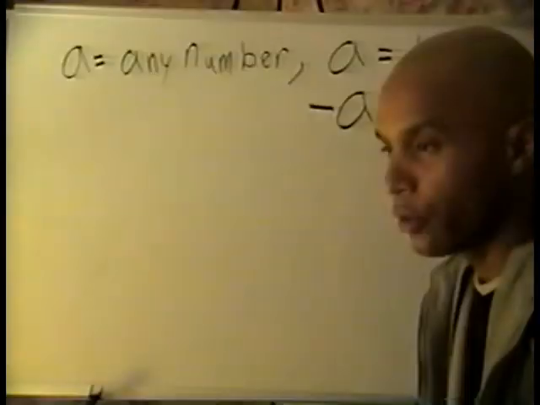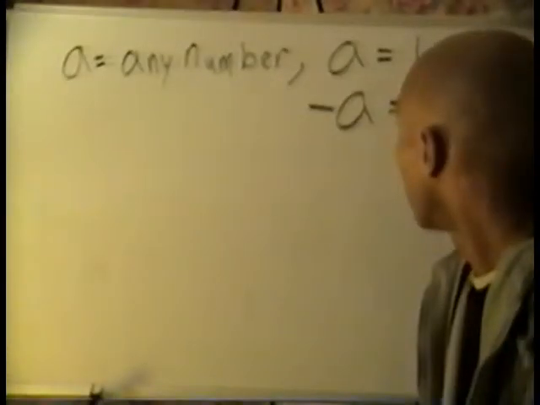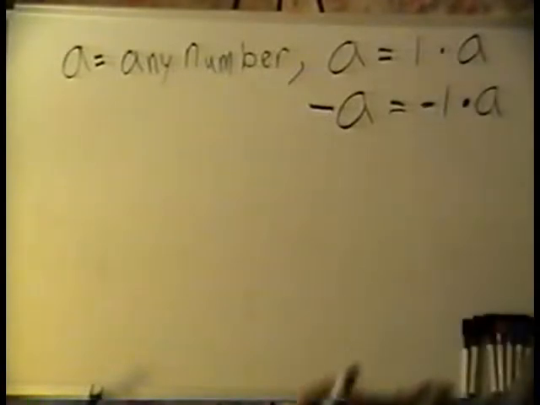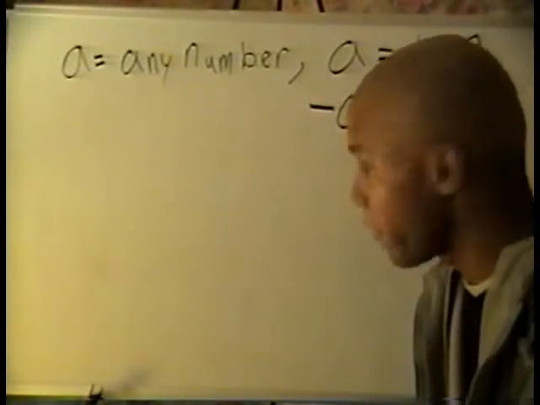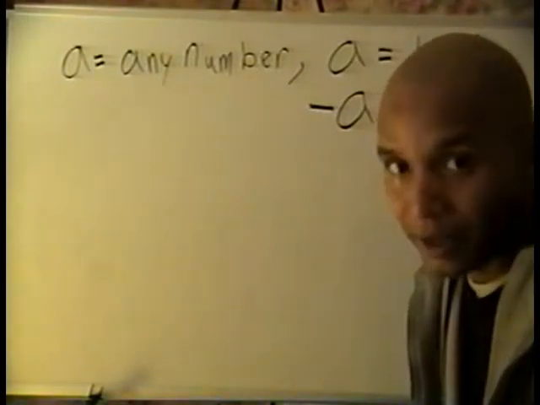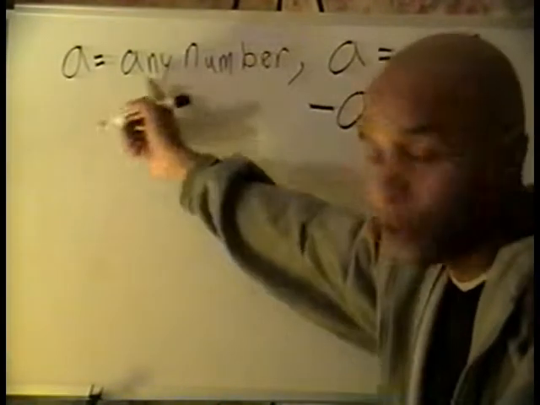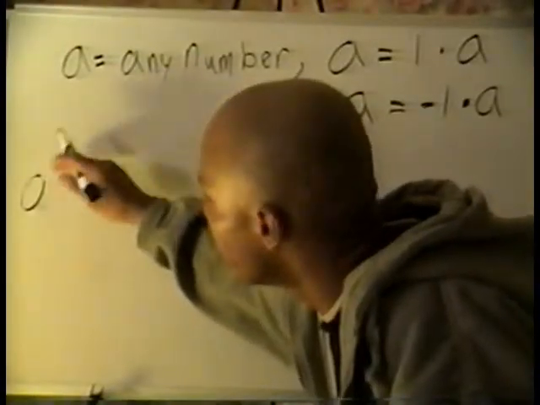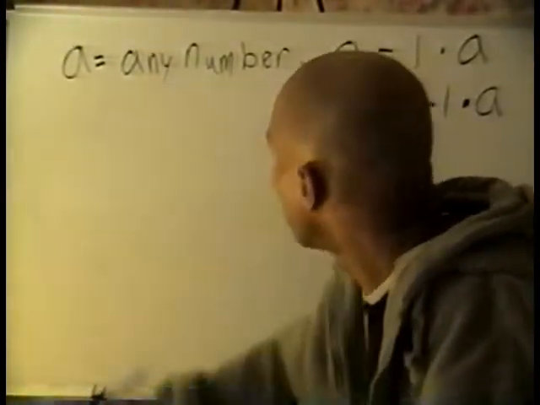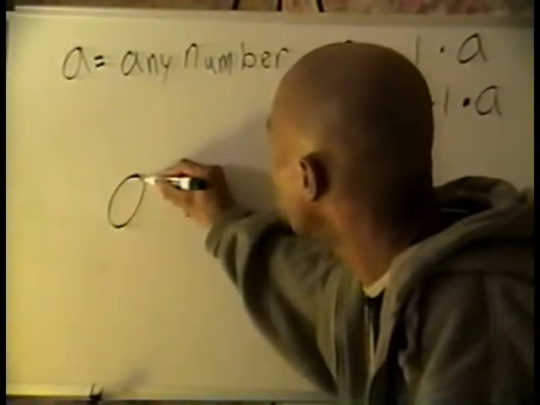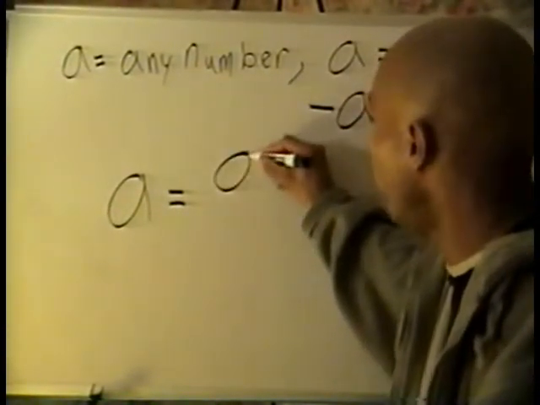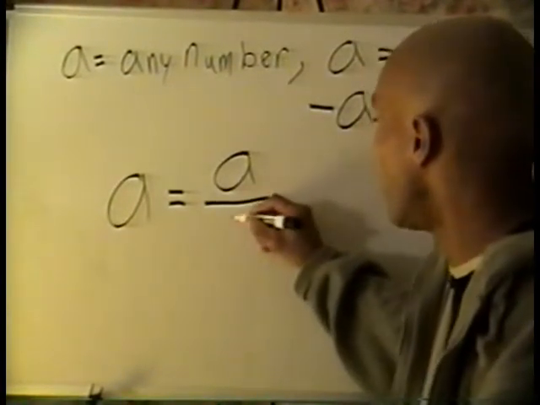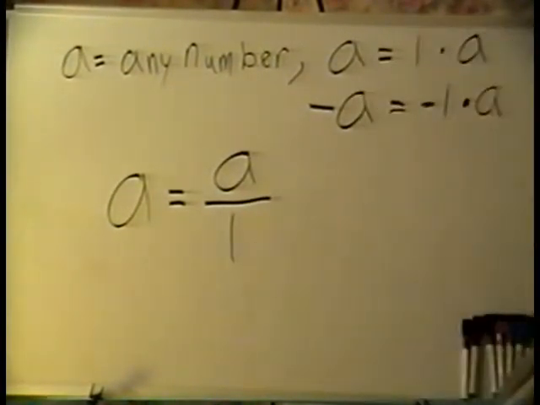Another important thing that needs to be shown: you have these 2 laws, and the third important law that I want to get into right away is dividing a number by 1, where A still equals any number. Any number can be written as that number divided by 1.